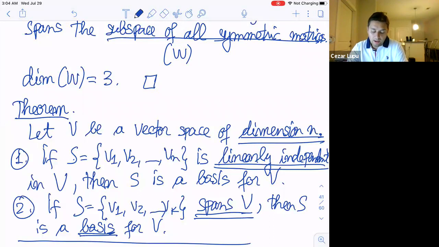And the second part: if S spans the entire vector space, then S is a basis for V. Well, that's the theorem, which is very useful.